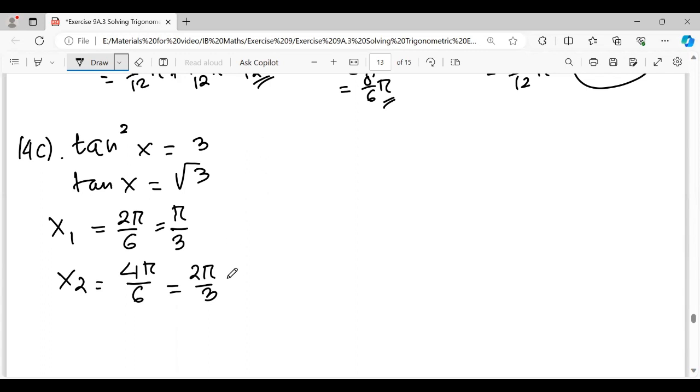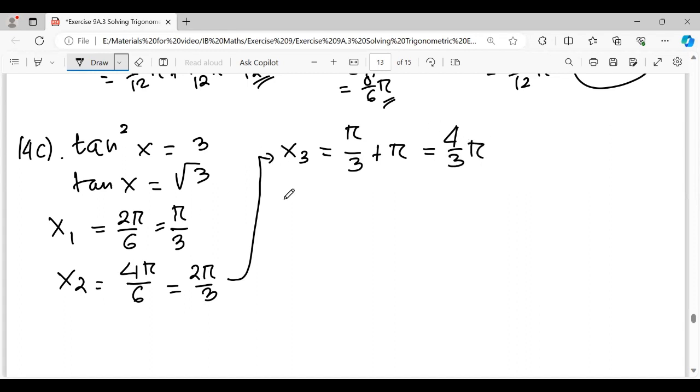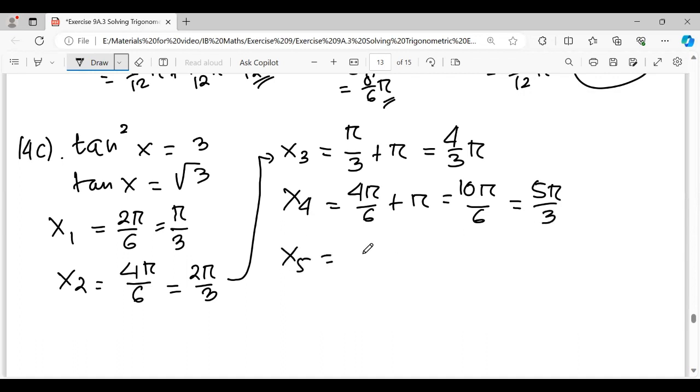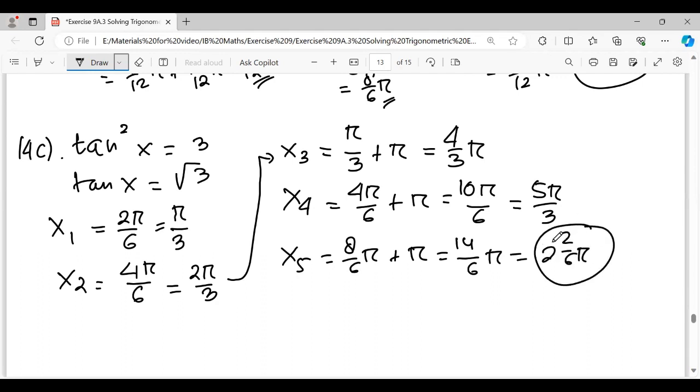And then I'm going to move here, x3, pi over 3 plus pi, 4/3 pi, okay. x4, 4 pi over 6 plus pi, 10 pi over 6, 5 pi over 3. 8 over 6 pi plus pi, 14 over 6 pi, more than 2 pi.